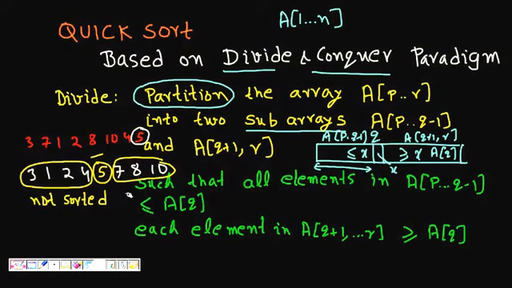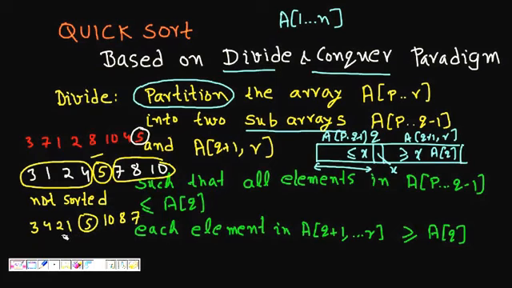This is one solution. Another solution can be 3, 4, 2, 1, 5 and then 10, 8, 7. This is also a valid partitioning.